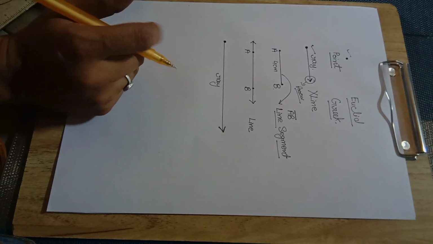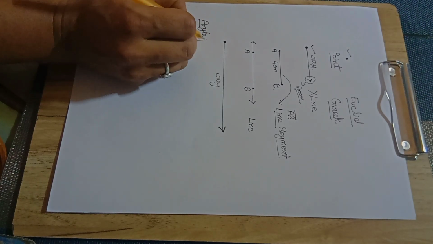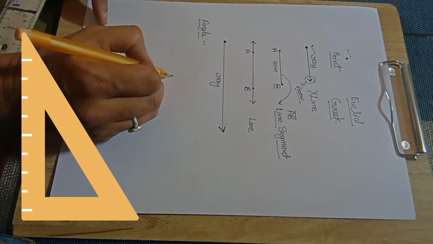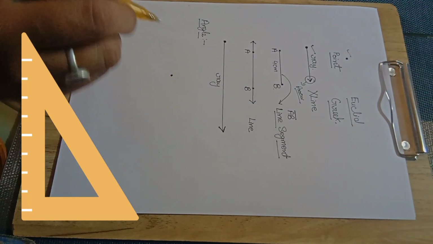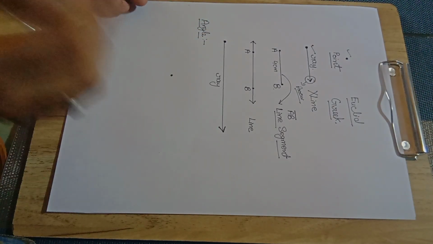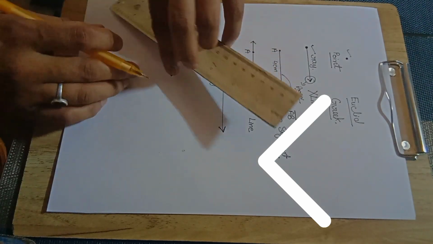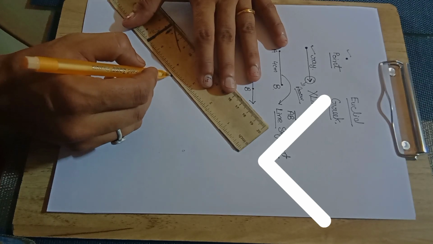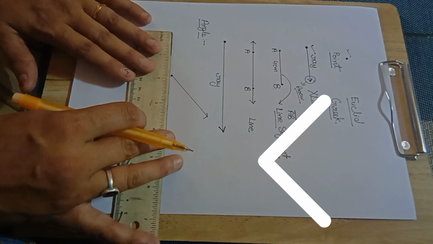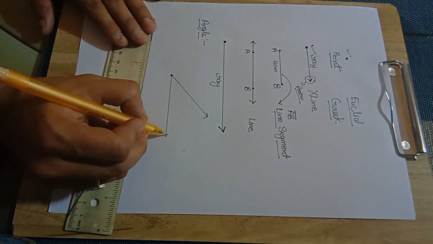Now we talk about angle. What is an angle? Let us take a point. And whenever I join two rays to this point, suppose this is my ray and this is my another. Whenever two rays meet at a point, that is called an angle.